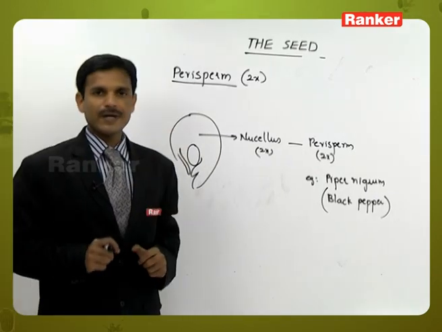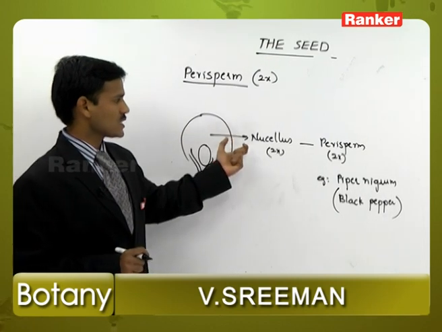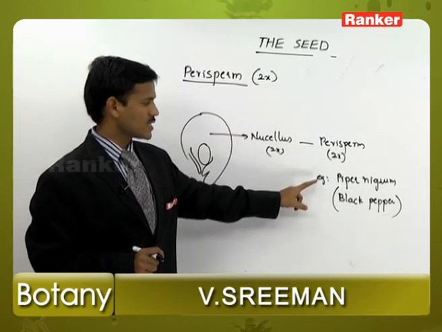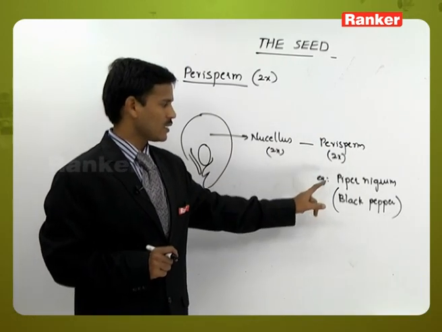It is about perisperm. It is diploid, the remnant of nucellus tissue.